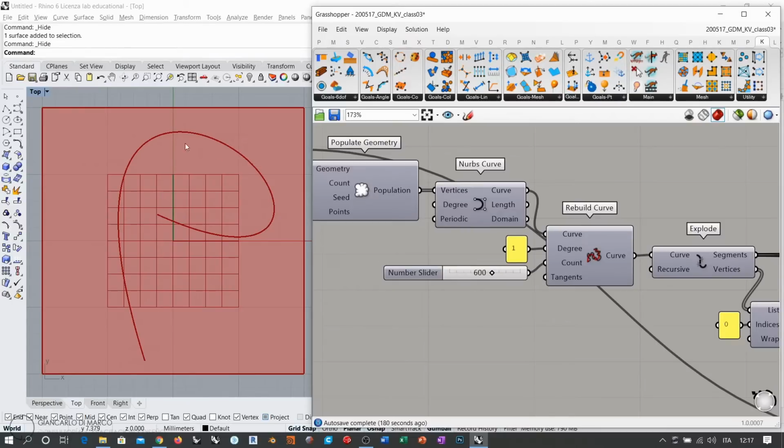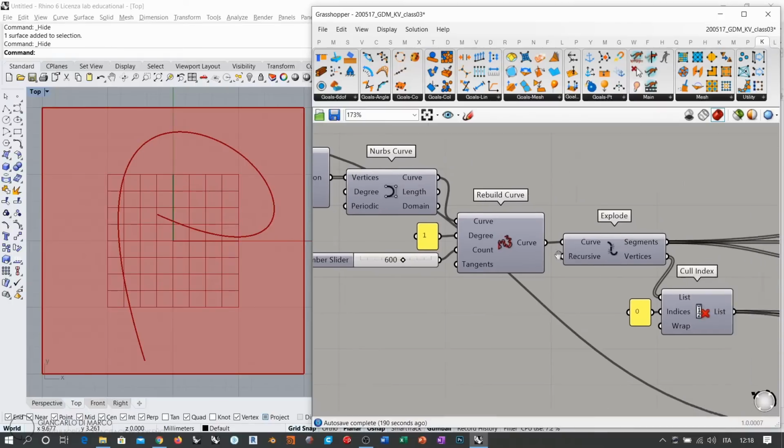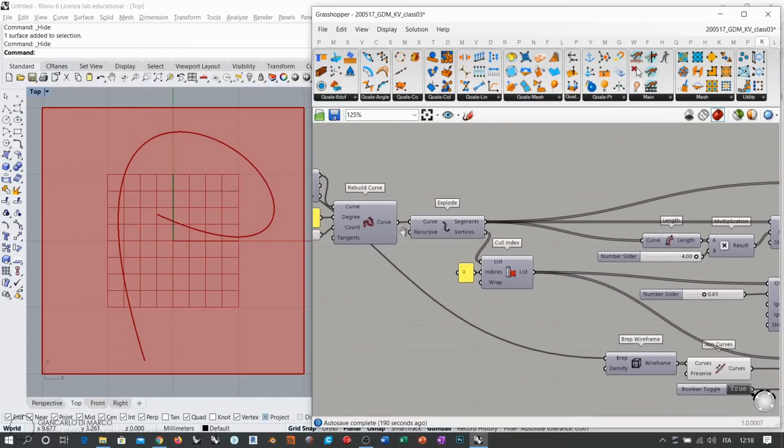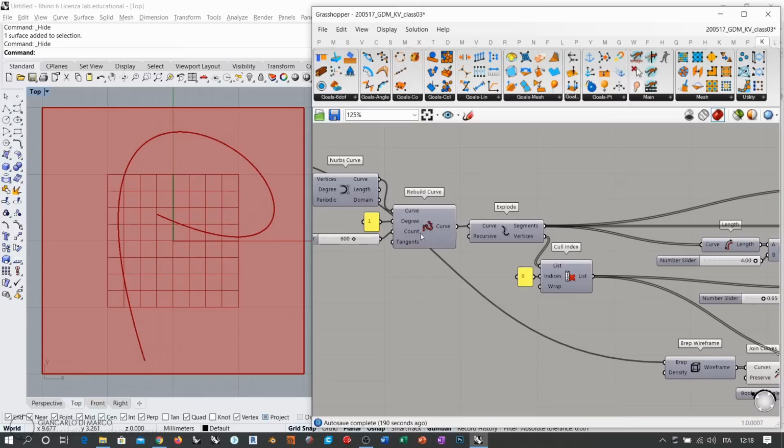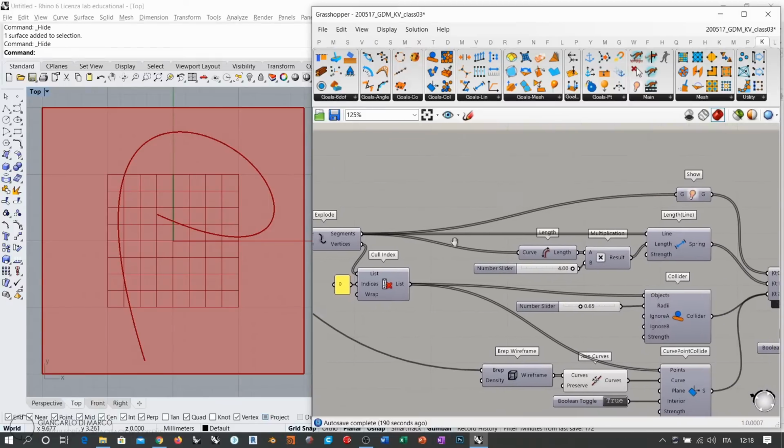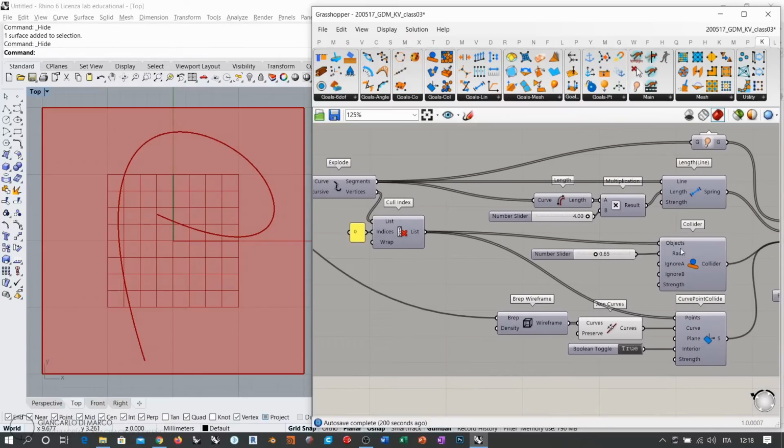We saw yesterday how this curve can expand inside this area by converting its segments. Remember that we rebuilt this curve and converted these segments into springs, and also created some collision between its vertices.